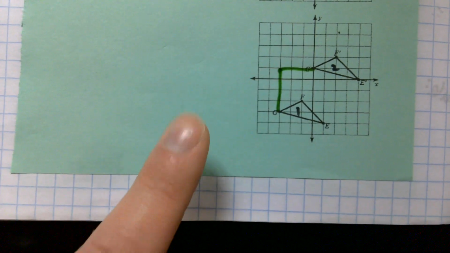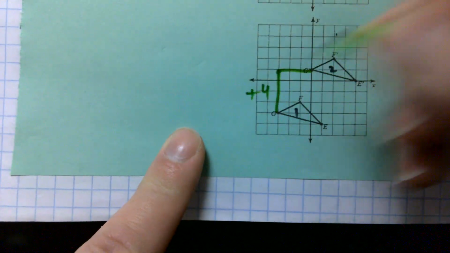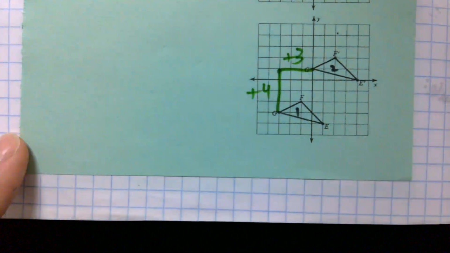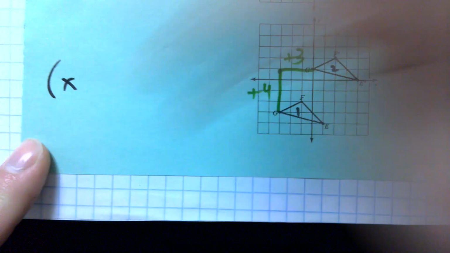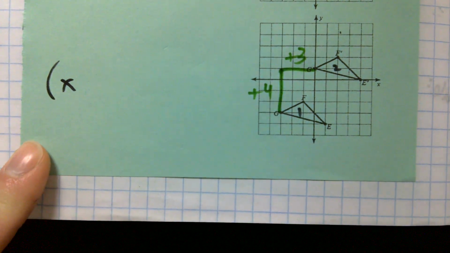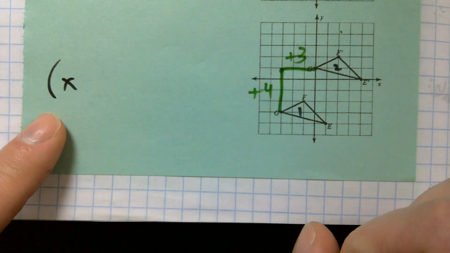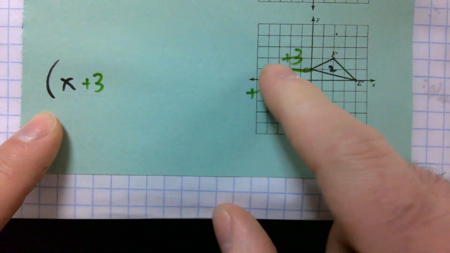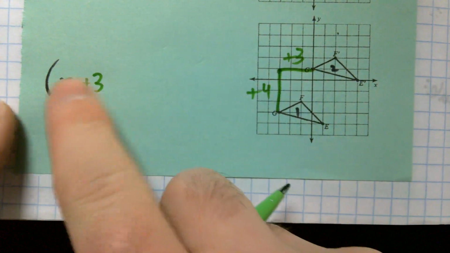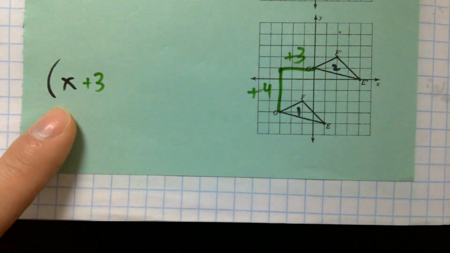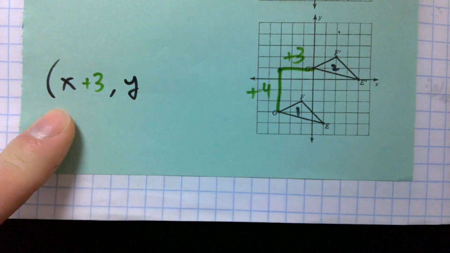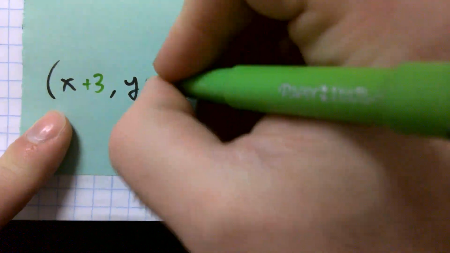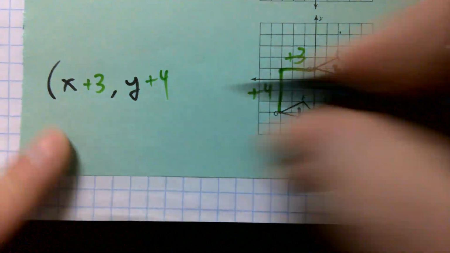How many spaces up did I have to go? 4. How many spaces to the right? 3. So I can write the rule x what? Plus 4. Wait, no. X plus 3. Right is my x movement. So x plus 3, comma, y, what? Plus 4. Nice job.